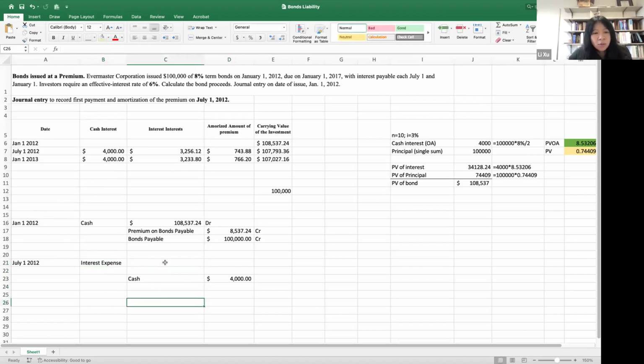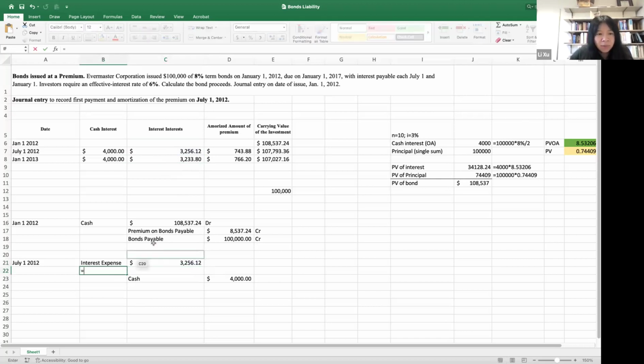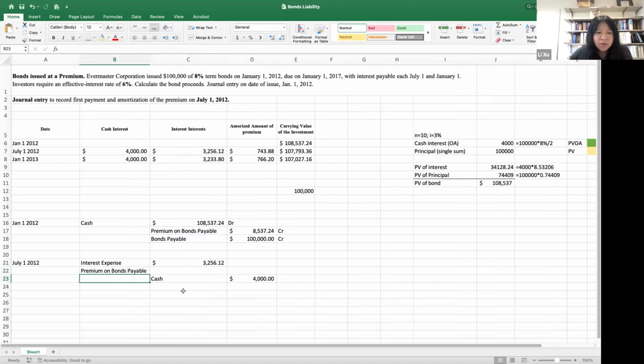You can see here what we're doing is we actually just take the numbers from our amortization table. And the key here is to make sure the account names match what you have on the amortization table. So if we're gonna amortize the premium, the account you're gonna use is the premium. They're gonna have debit and debit and credit.